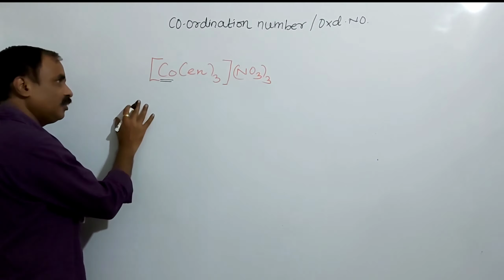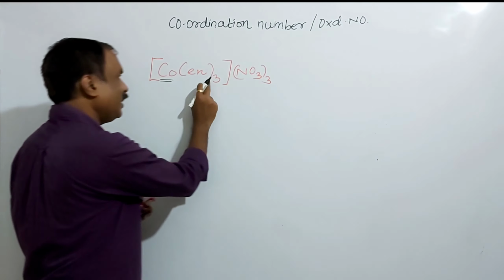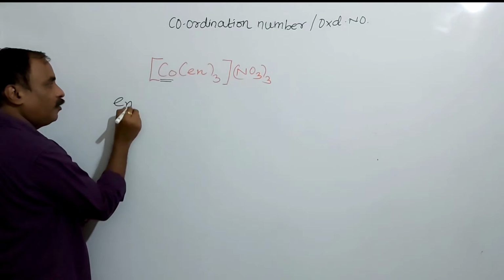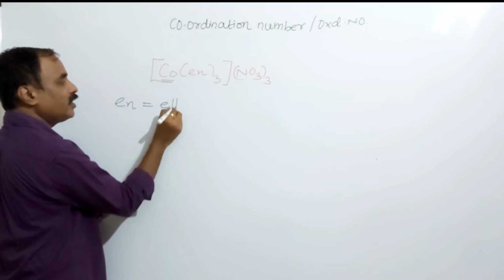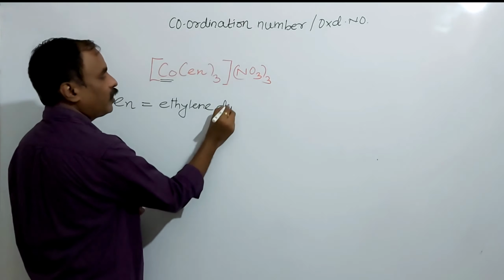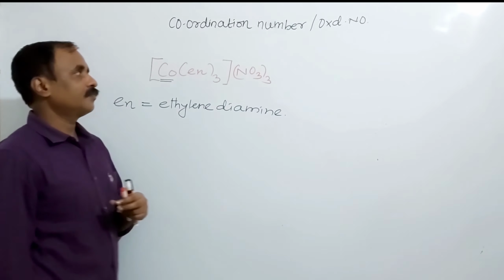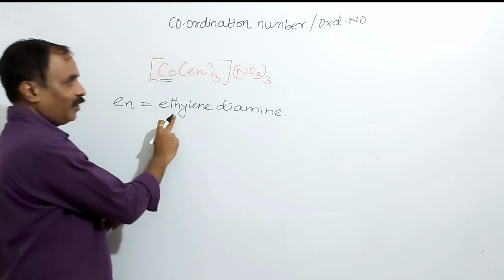We know that coordination number is equal to the number of coordinate bonds. What is en? We have taken this example, en, that is ethylene diamine. What is the structure of ethylene diamine?